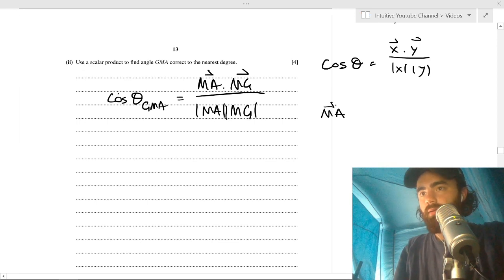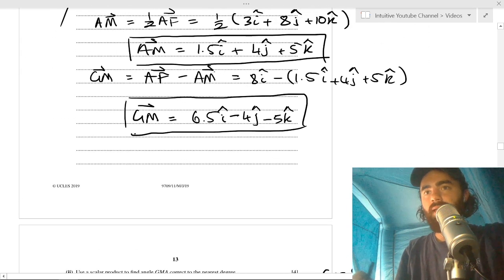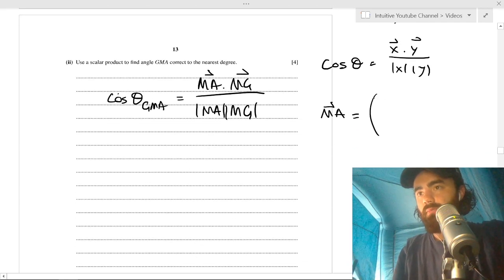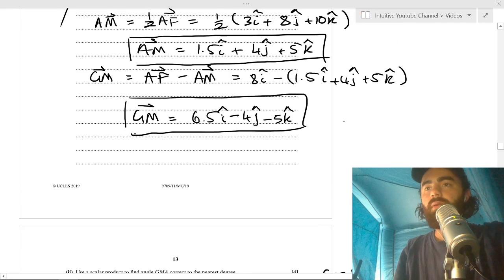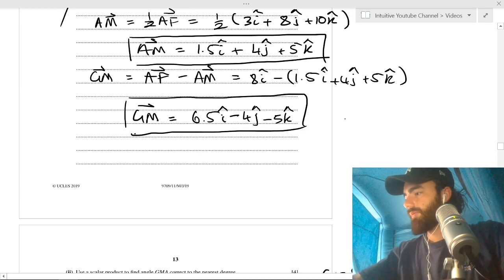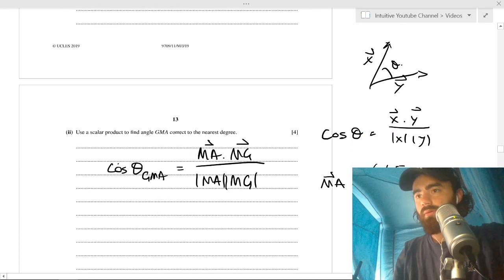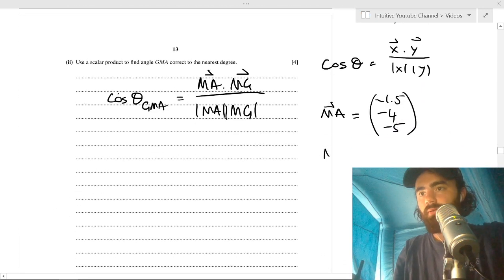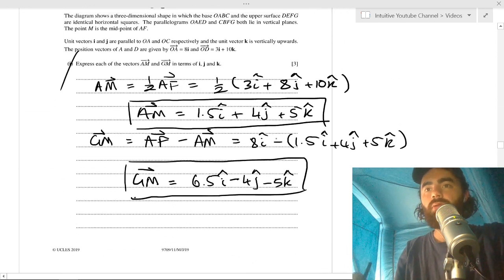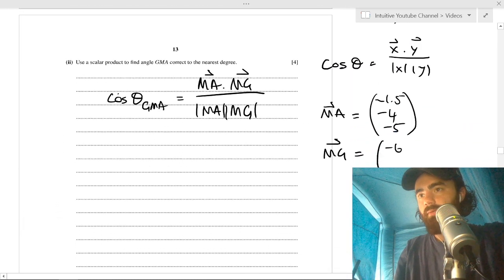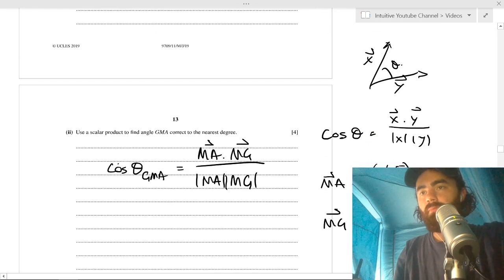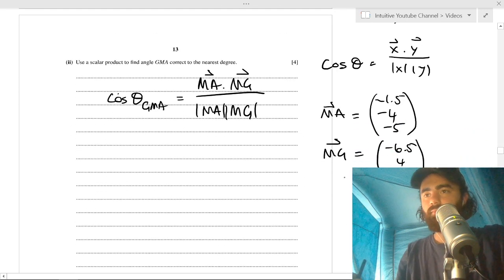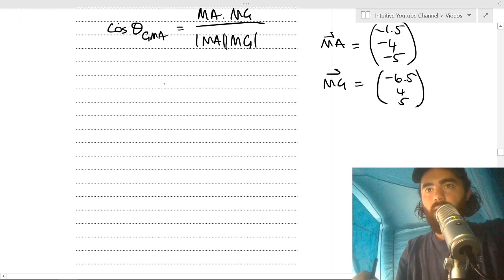So our MA is going to be equal to minus AM, which in this case is minus 1.5, minus 4, minus 5. And our MG is going to equal minus 6.5, plus 4, plus 5. I guess it doesn't actually matter because you can just take the negative out and they cancel, but I just like doing it this way. Let's find the dot product first.